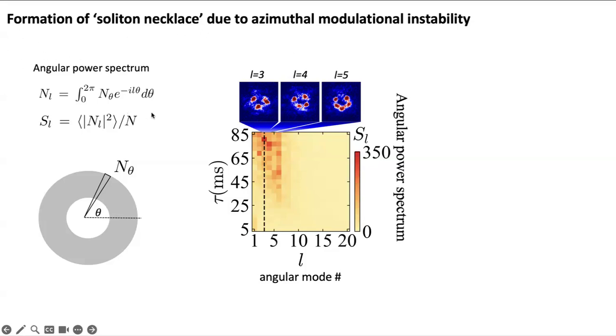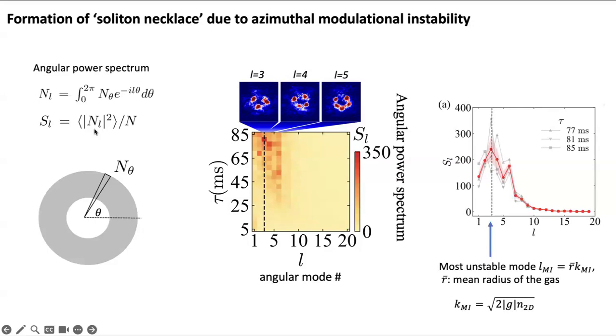We try to analyze the so-called angular power spectrum by integrating over the radial density distribution. From there, we do a Fourier transform along the angle and look at the Fourier transform amplitude.